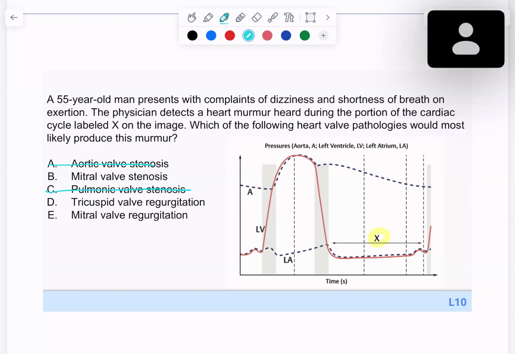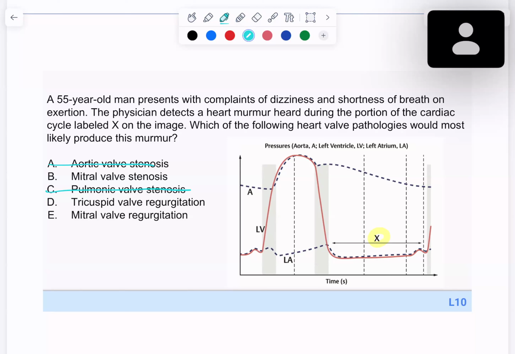Because you have the mitral valve, which is between the atria and the ventricle, right? And so remember that when you have diastole, and the blood is filling, it's going into the atrium, and then from the atrium it goes into the ventricle. The last stage is for the atrium to contract to push the remaining blood in the atria into the ventricles.